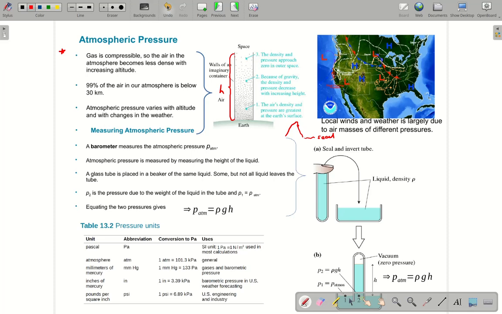We mainly consider sea level. We'll talk about the pressure of the atmosphere at sea level. That's called 1 atmosphere. So P0 is equal to 1 atmosphere at sea level.